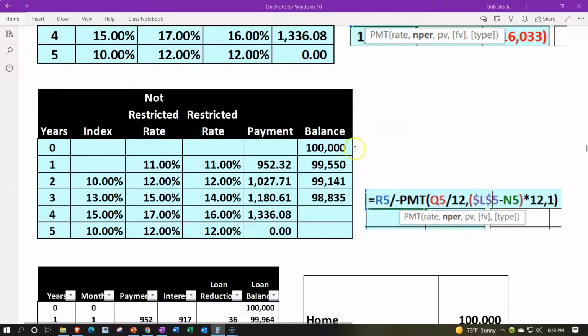And so that'll give you the 118.61. And then we could calculate the ending balance, either using the amortization table or a calculation.